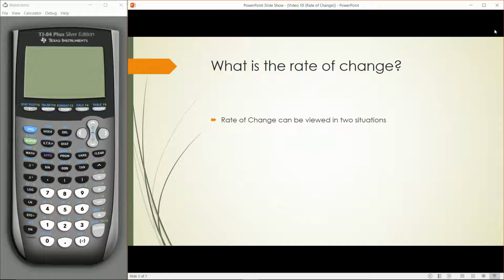So what is the rate of change? Well, rate of change can be viewed in two situations. It can be viewed as the average over an interval. So if you're producing an amount of something, let's say teddy bears, over one interval to the next, you can determine the average amount that has been produced, from like 8 in the morning to 8 at night.